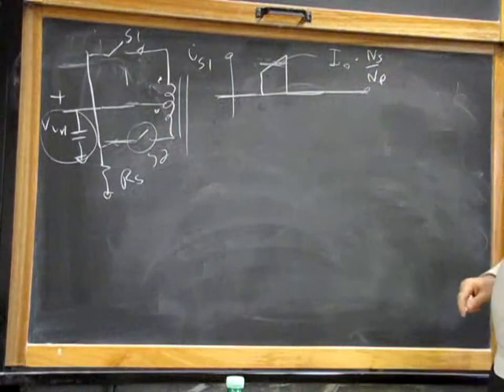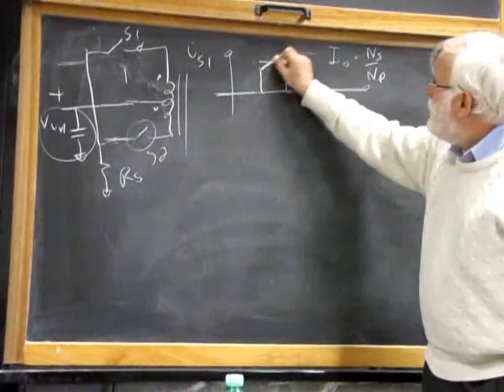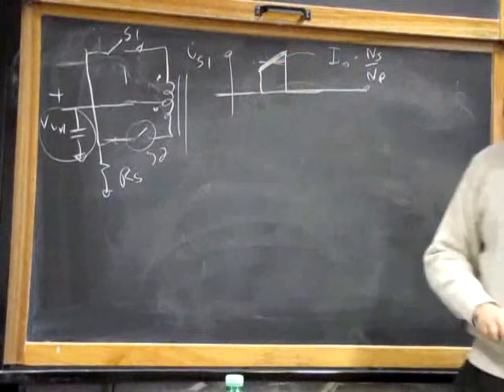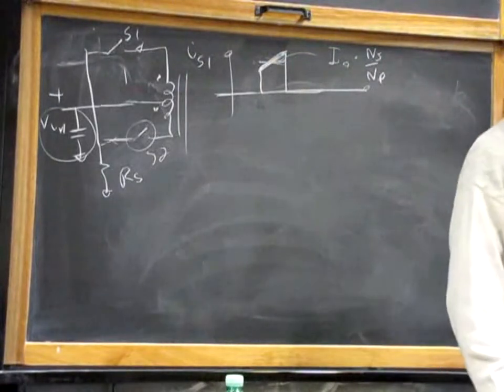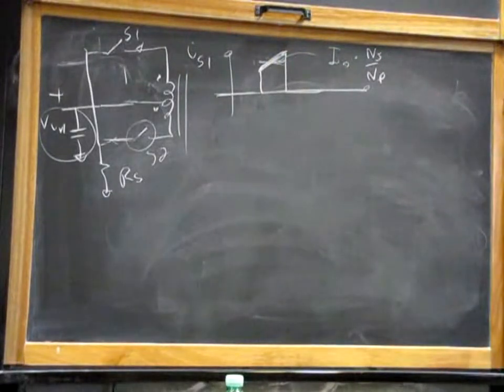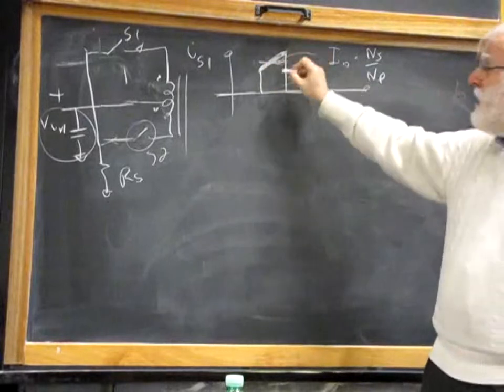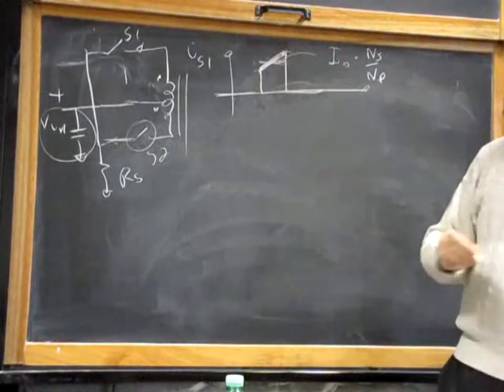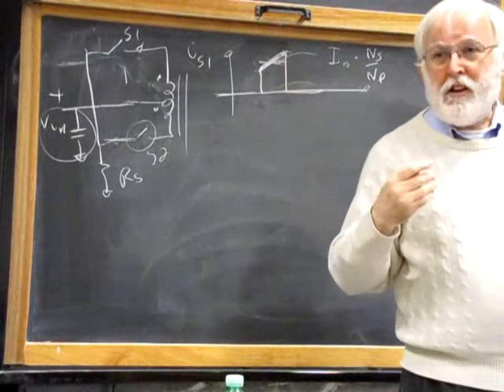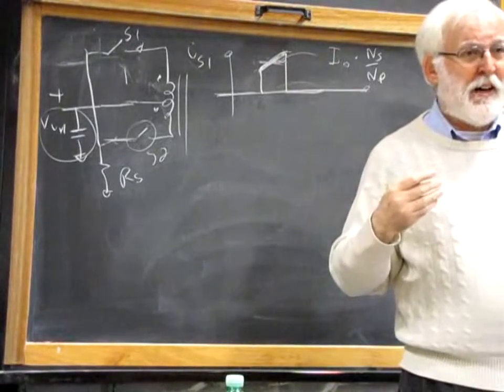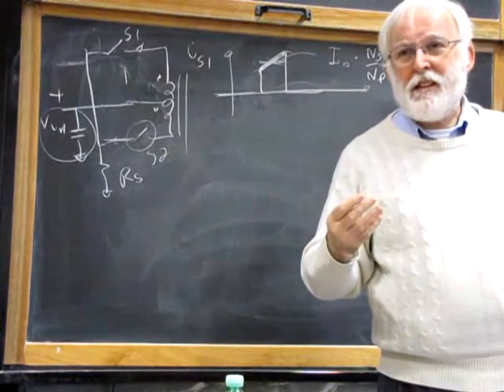And this current variation is not important for the stresses, for RMS value, it's a very good approximation. This ramp, this current ripple, is basically the current ripple on the secondary side, on the inductor, moved to the primary side.